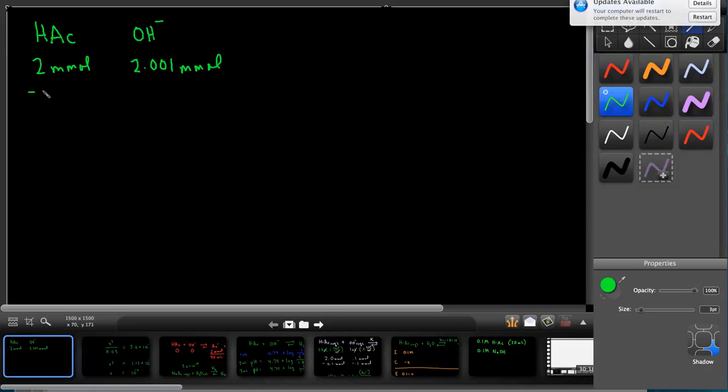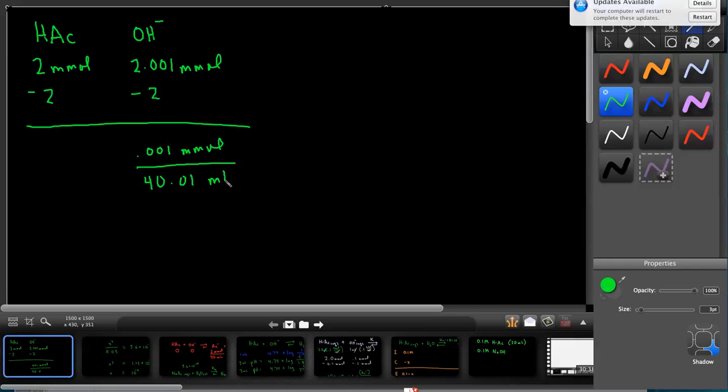All of the acetic acid is now neutralized. What I have left over is 0.001 millimoles of base in a volume of 40.01 milliliters. Now that's going to give me a concentration of OH.